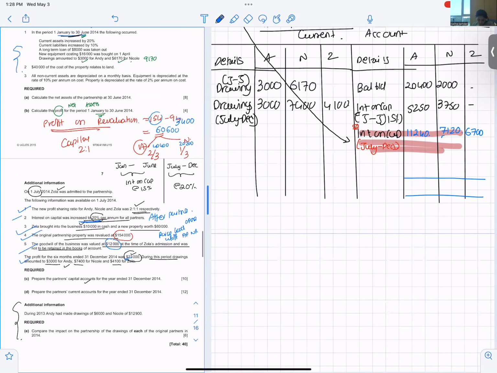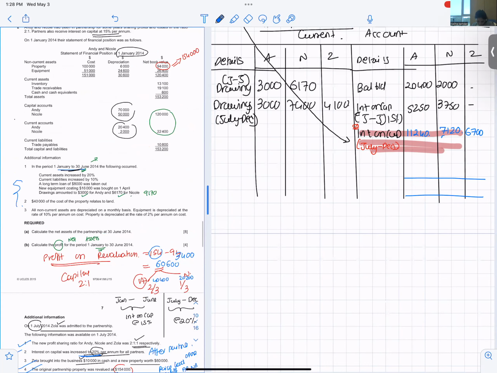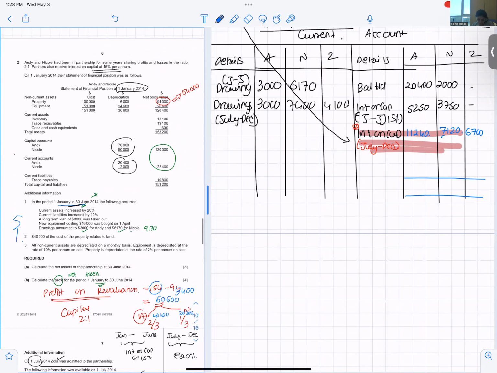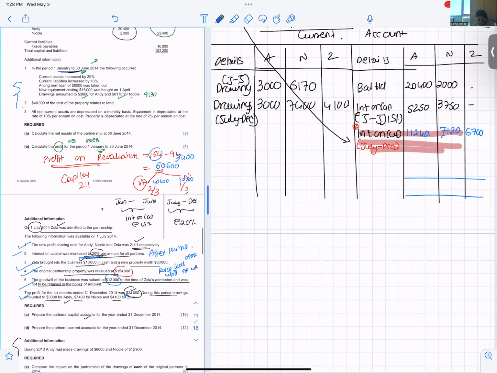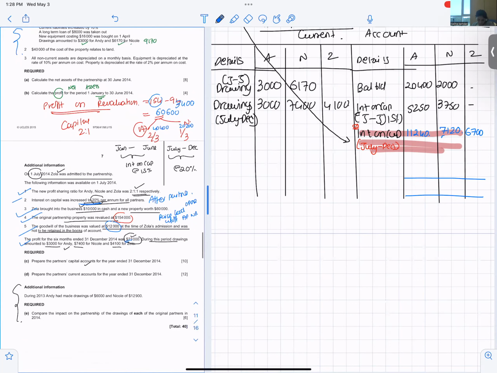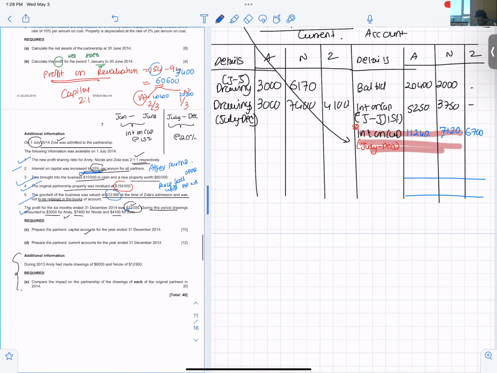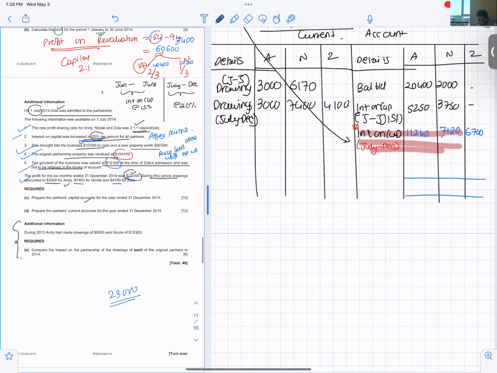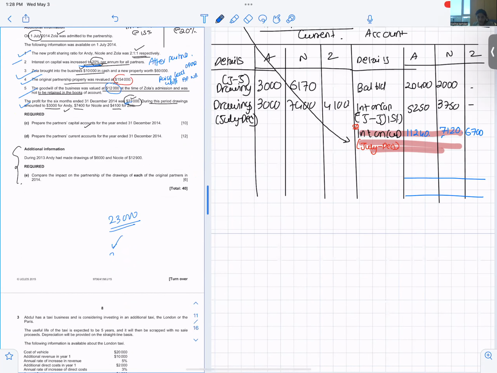Is there any old profit? Please check, is there any old profit? Okay. So profit for the 6 months is how much? 23,000. 23,000 will be distributed in the ratio of 2:1:1. Please distribute it.